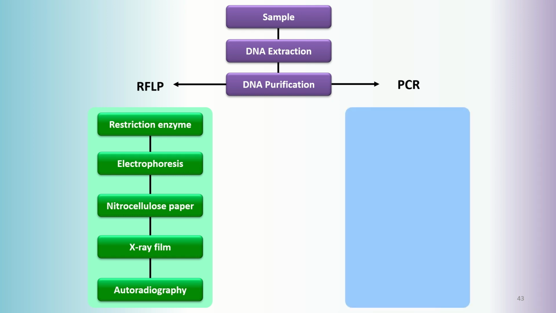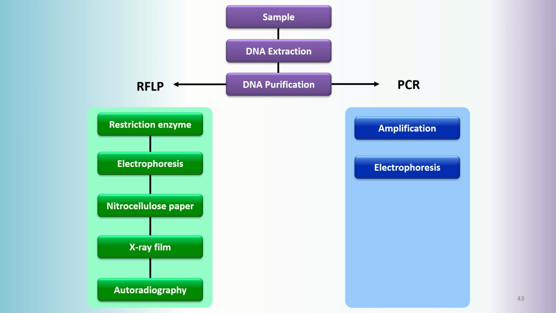Using PCR, a specific primer will amplify the DNA. Then the PCR product is separated using gel electrophoresis, and a simple agarose gel setup is enough to get the result.